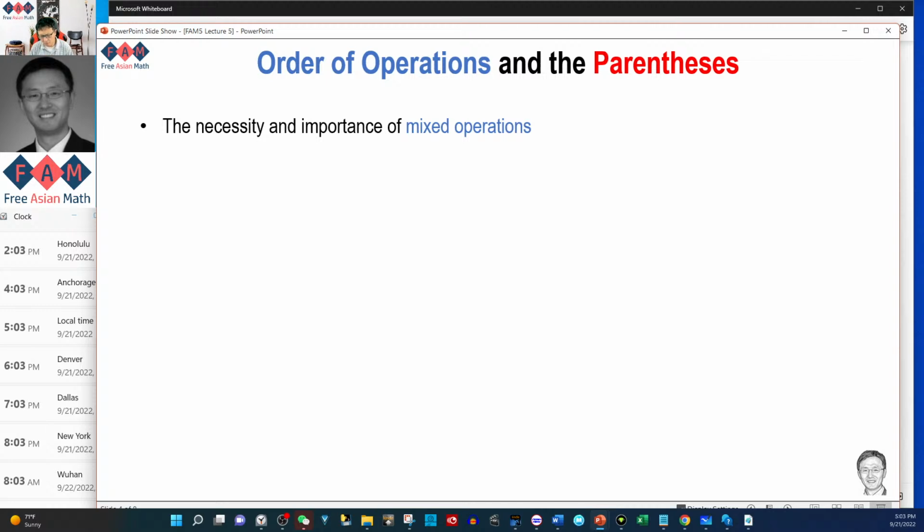But in general, when we have mixed operations, meaning you have something called an expression, which involves more than just one operation, once you have the first operation, you want to use the output from that first operation as the input into another operation.